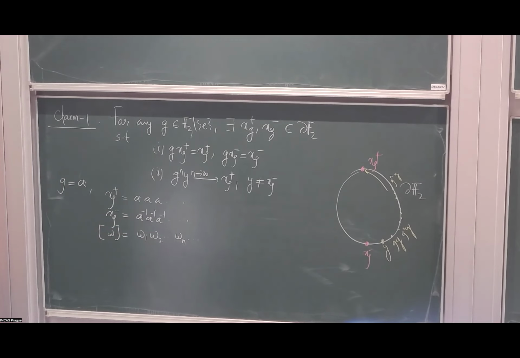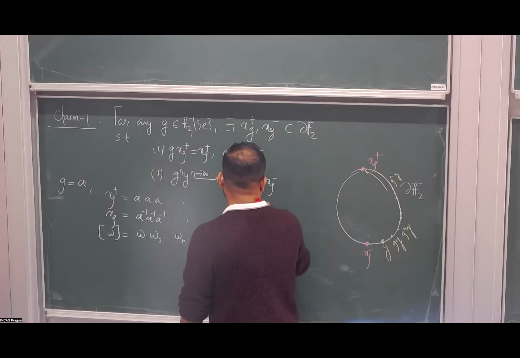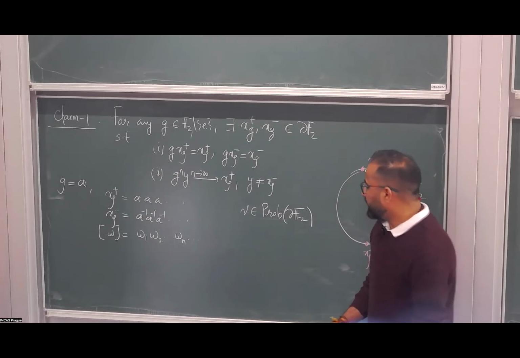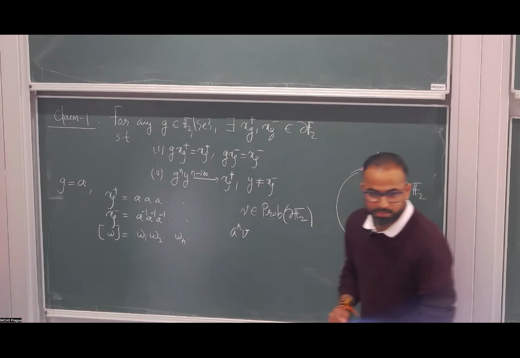Okay. Now, this is enough for us to show strong proximality. Because if you give me a probability measure nu here, what happens to A to the power n nu as n goes to infinity?